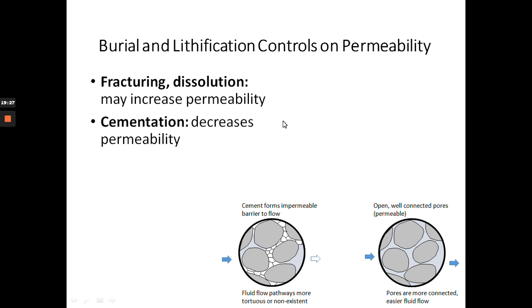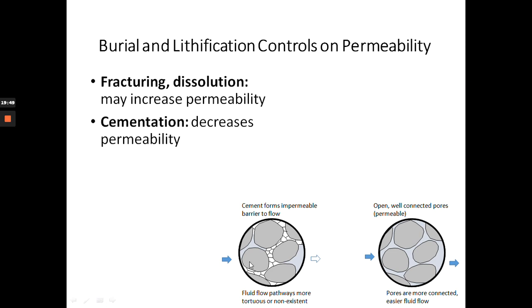But the pores are not connected. But then maybe because of faulting, you start to have fracturing, and the fractures can actually form the conduit connecting once isolated pores. Okay, so fracturing may increase permeability. Dissolution may also increase permeability.